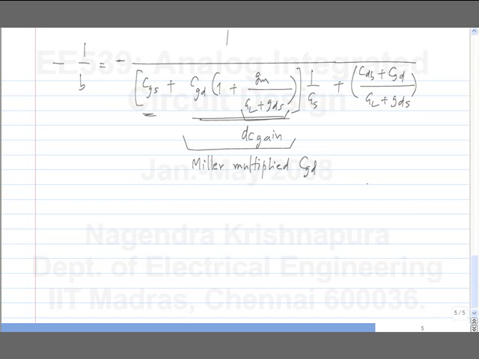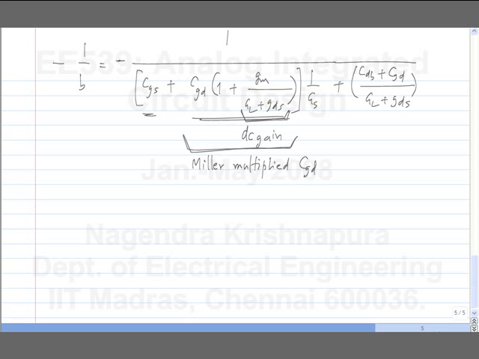Does everyone understand this? So we have 1 plus DC gain times CGD plus CGS. So this is the term we had got by sort of vaguely looking at the circuit.